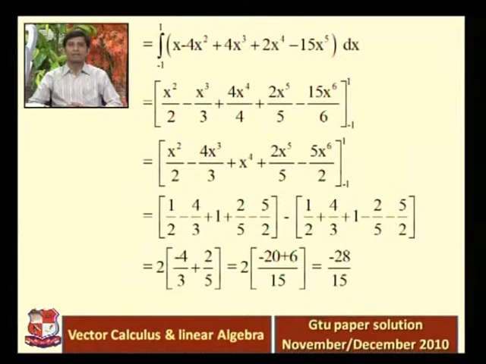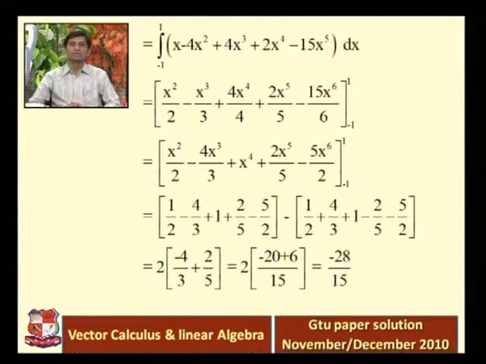So that is equal to x square by 2 minus 4x cube by 3 plus x raised to 4 plus 2x raised to 5 by 5 minus 5x raised to 6 by 6, from minus 1 to 1.